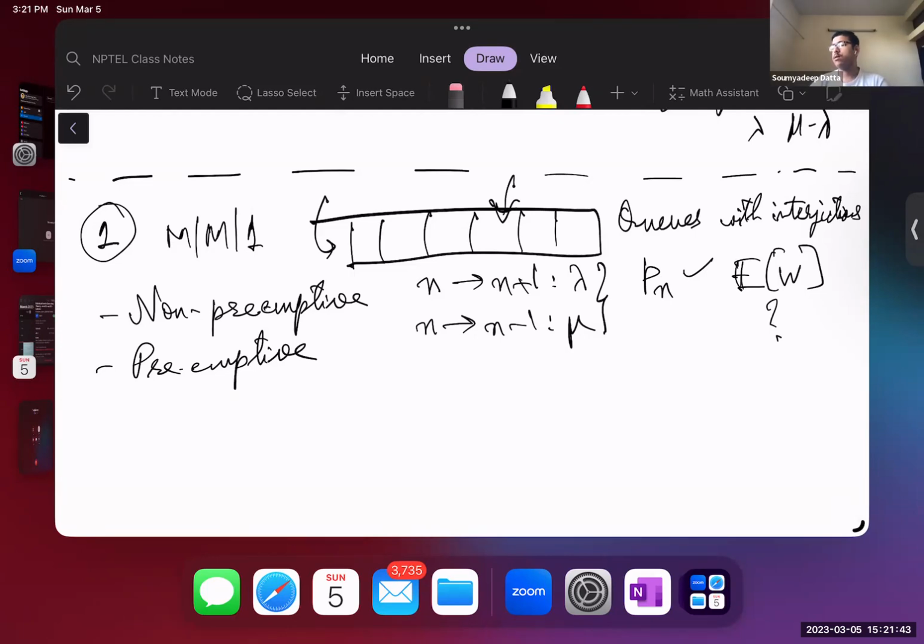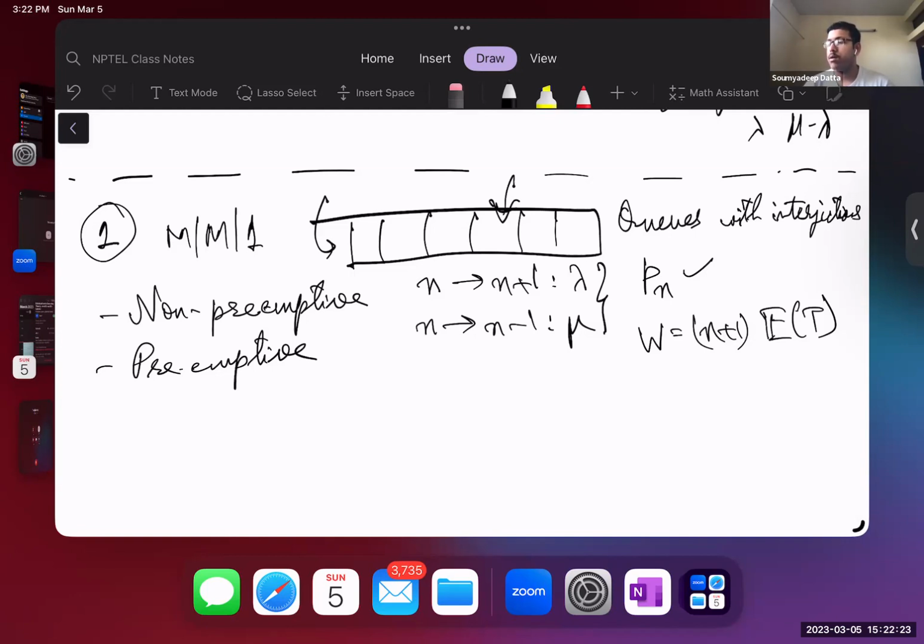The major difference is that when you calculate the waiting time for a customer coming in, you usually take it to be n plus 1 times the expected service time, because there is one packet in service and n packets in queue, and you are coming in after that. With interjections, this will probably change.